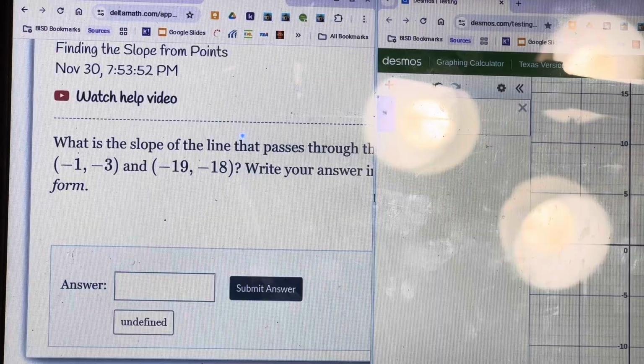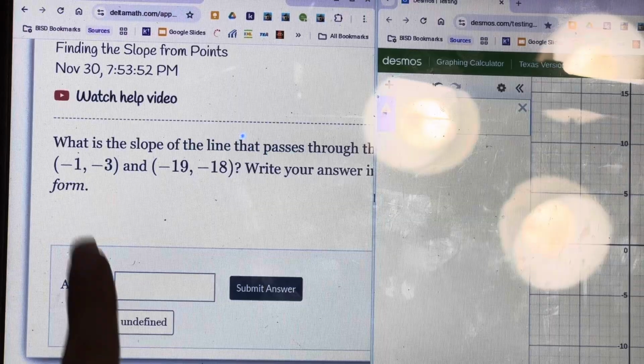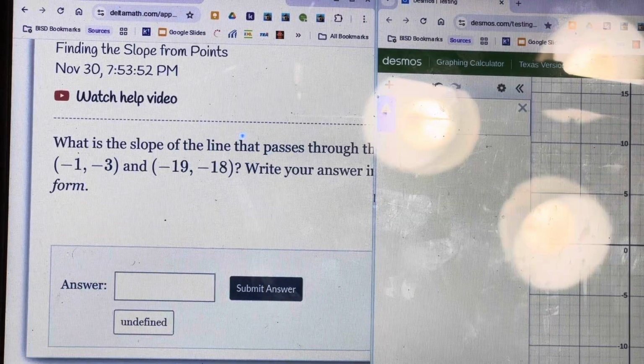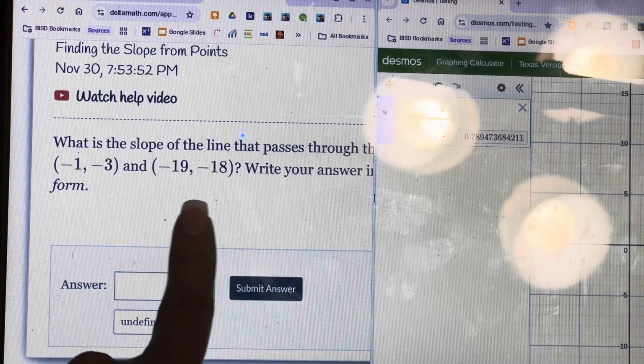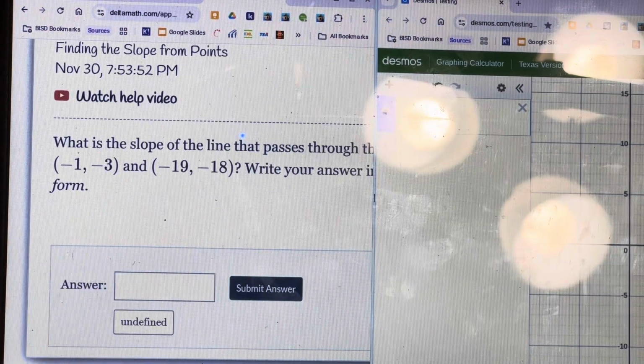All right, so I'm going to make my fraction y2 minus y1. y2 is -18 minus y1 is -3, over x2 is -19 minus x1 is -1. Gives me a really ugly decimal, but I want a fraction, 5/6.